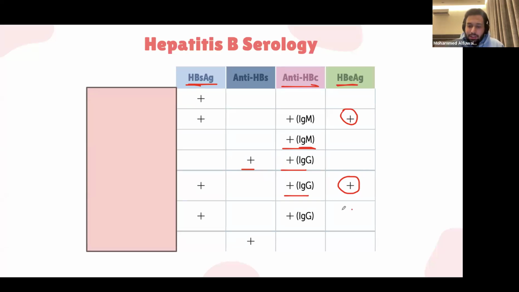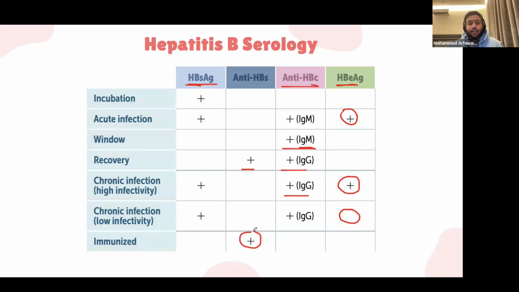Good. This one has no envelope, so is it highly infective or low? Low infective. Good. Now this patient over here only has positive hepatitis B surface antibodies: immunized, vaccine. Good. Is the serology clear?